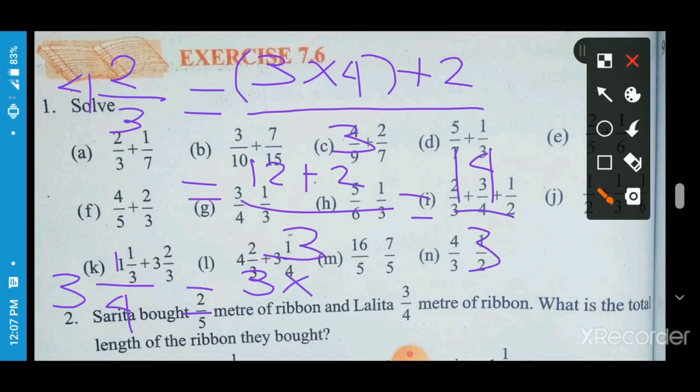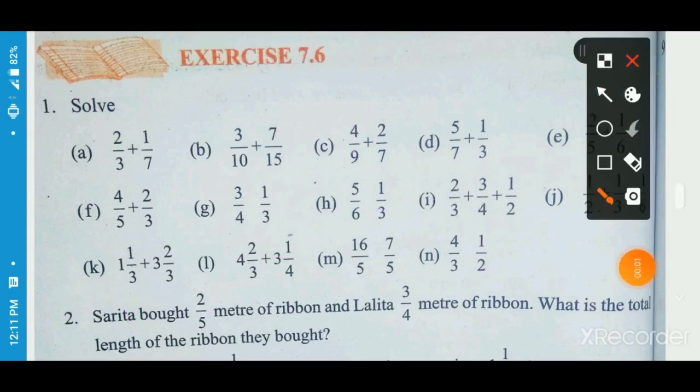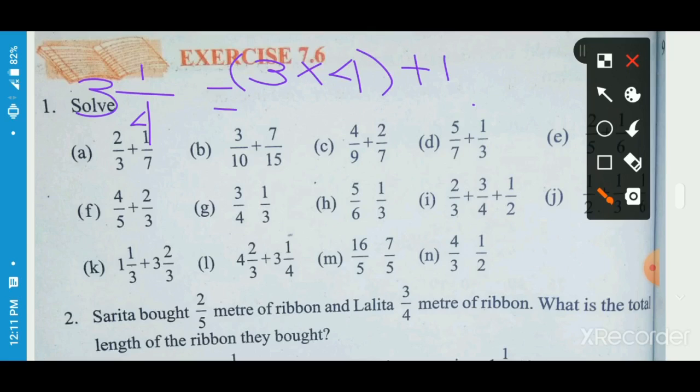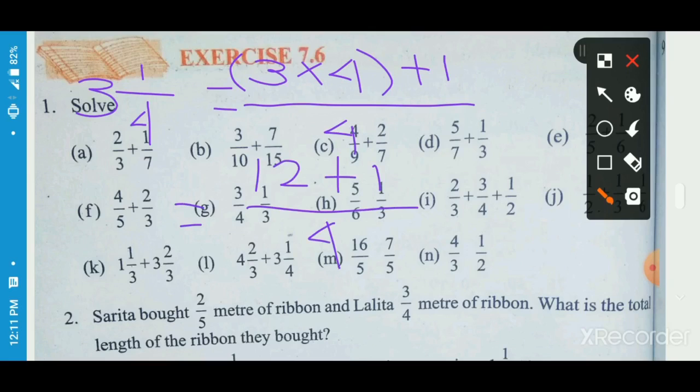For that first we multiply 3 with 4 and then we add the remainder 1, then we divide the whole by 4. So it is 3 4s are 12, 12 plus 1 upon 4. This is equal to 13 upon 4.